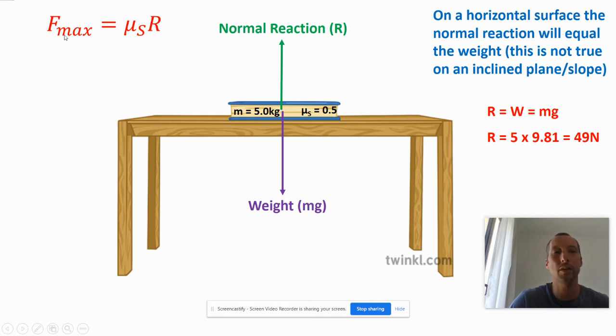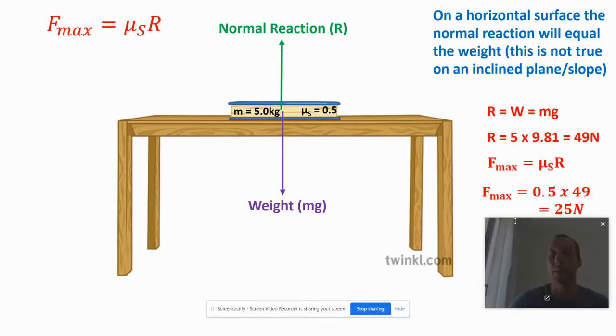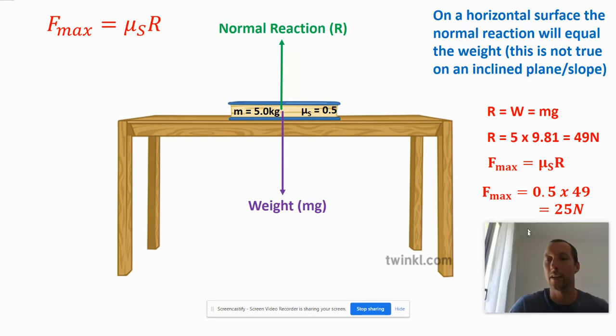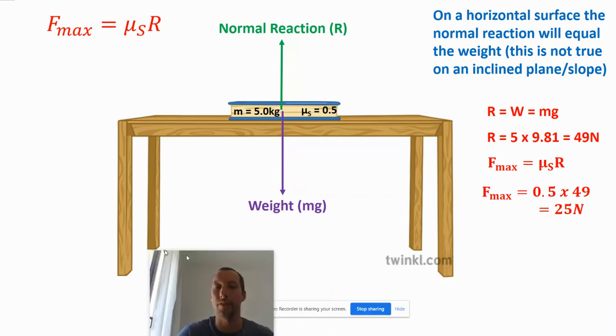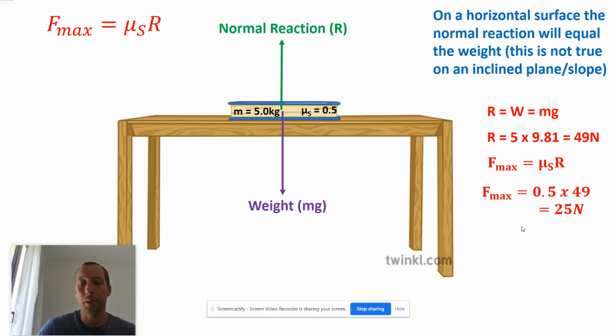So I can use that to work out the maximum value for static friction, because it's just going to be the coefficient of static friction times the normal reaction force, using this equation here. And so I get this value, which is 25 newtons. What that basically means is if I push on that book with up to 25 newtons, the friction will match it and it won't be able to move.